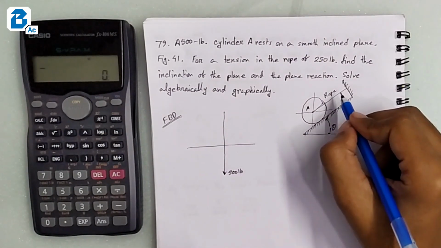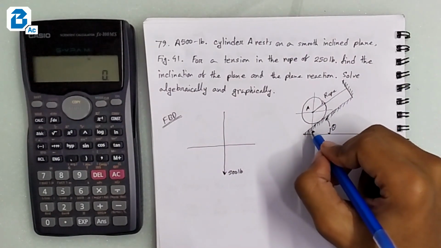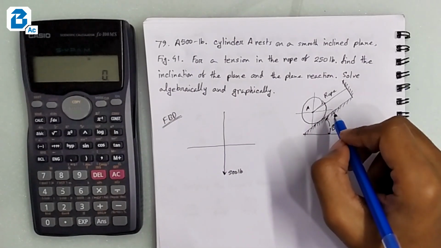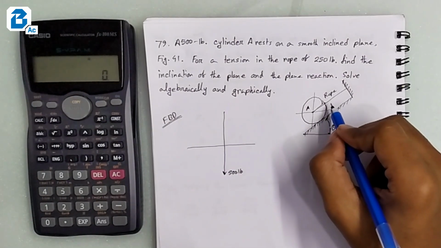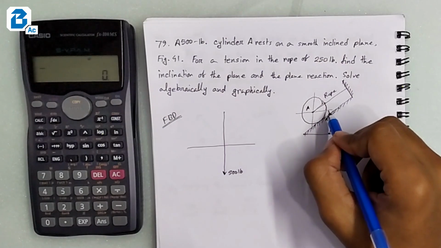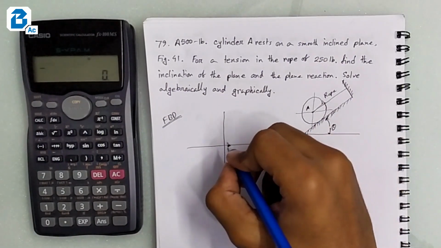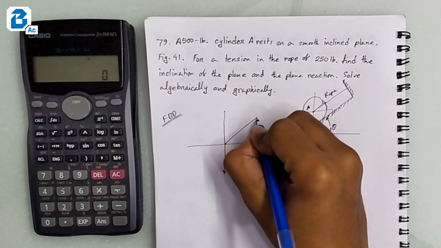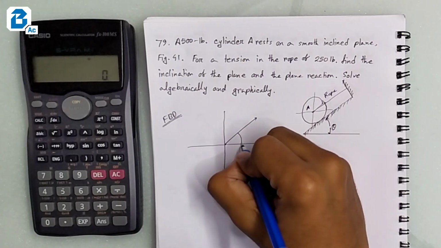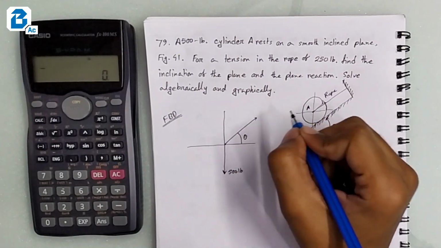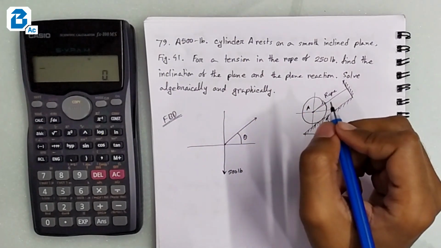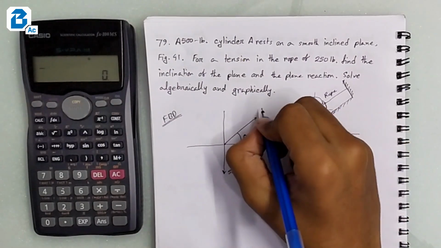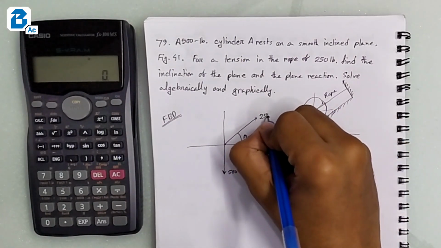Here, the rope is parallel to the inclined surface, so it will also have a theta angle with the horizontal axis. So let's indicate it here. This angle is theta and the value of the tension in the rope is 250 pound.